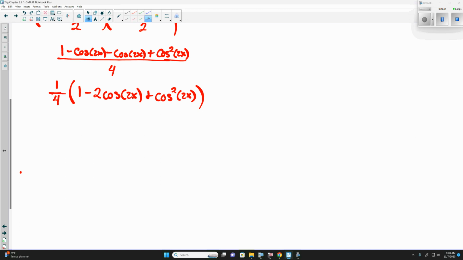Well, now I'm going to go back to power reduction, because cosine squared of theta is equal to 1 plus cosine of 2 theta all over 2. So over here we'll still have our 1/4.